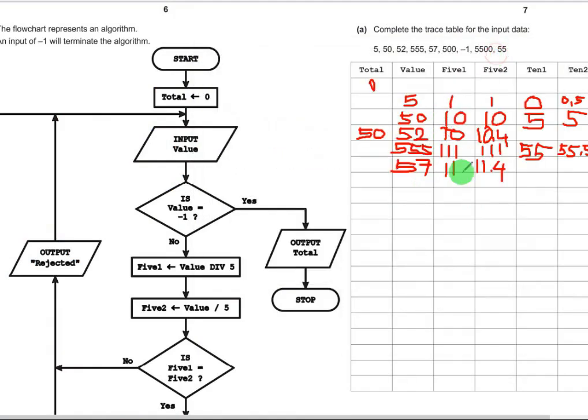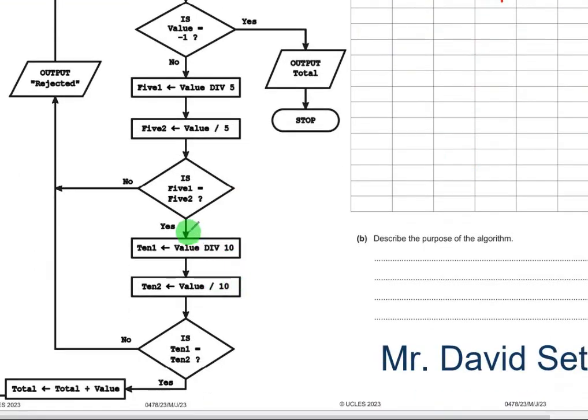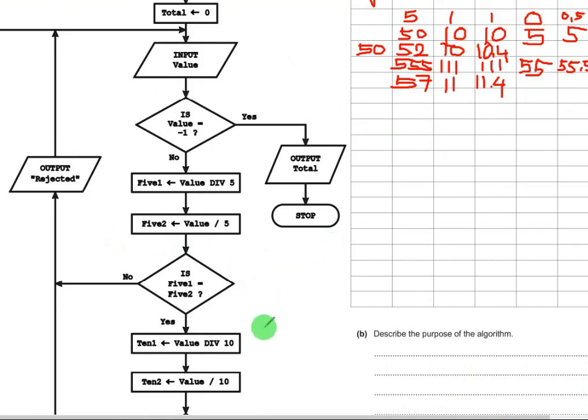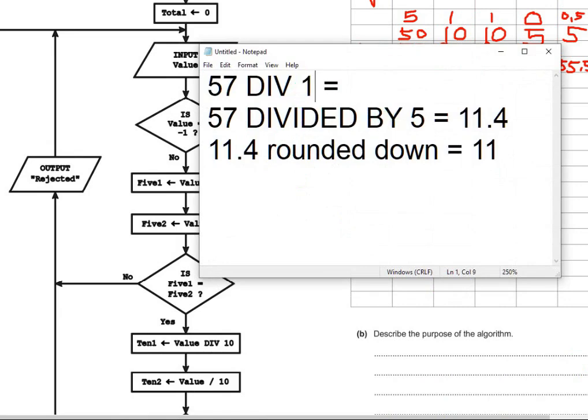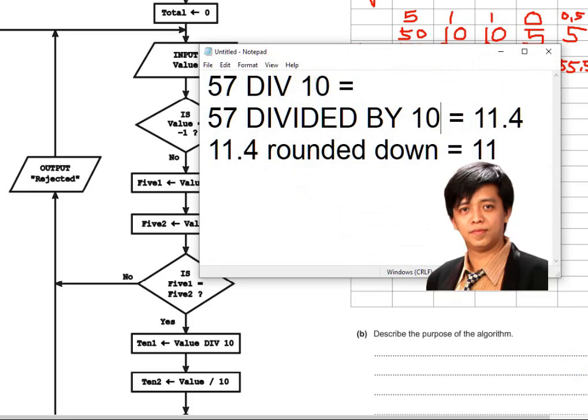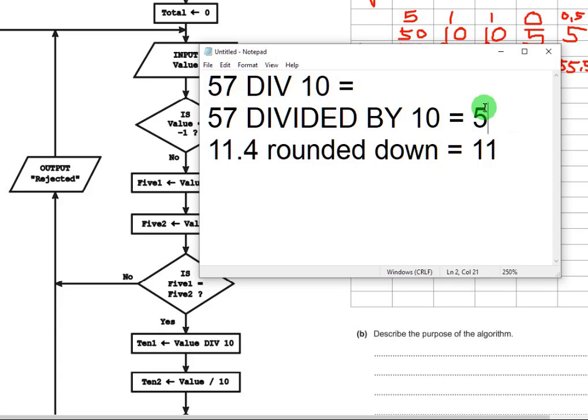Now let's move forward. 10, 1 and 10, 2. So this one is 57 div 10, is 5.7.